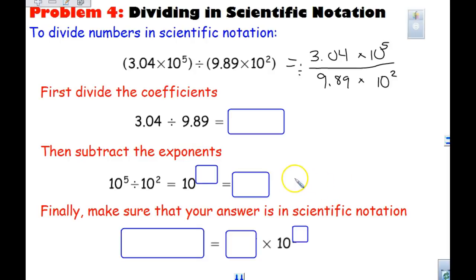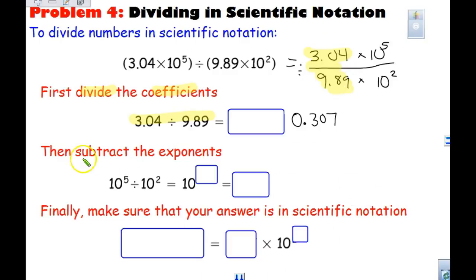As you do that, what'd you get, Layla? I got 0.307. 0.307. Okay? So, key thing is, we're dividing our coefficients. Dividing the coefficients. That's our step 1.